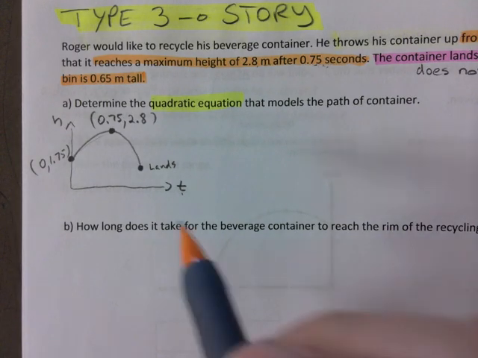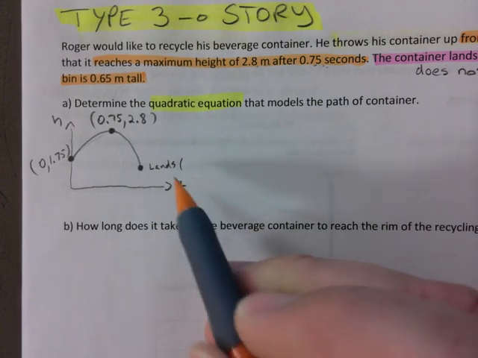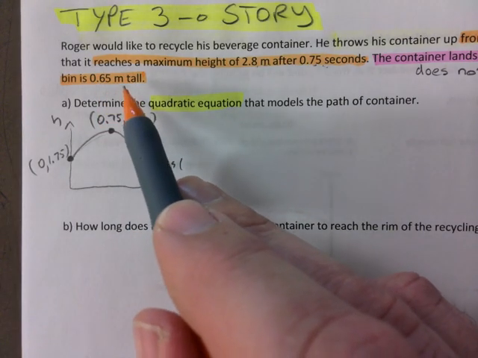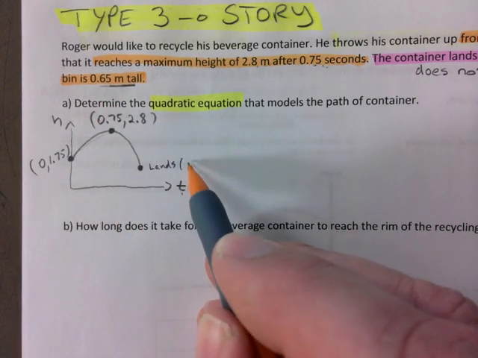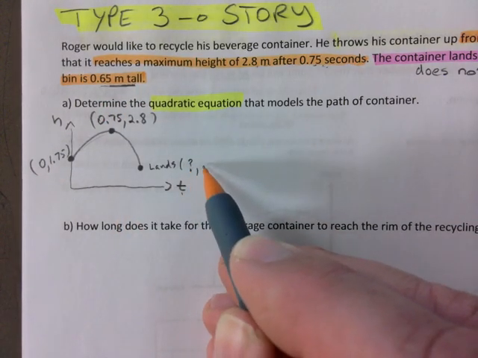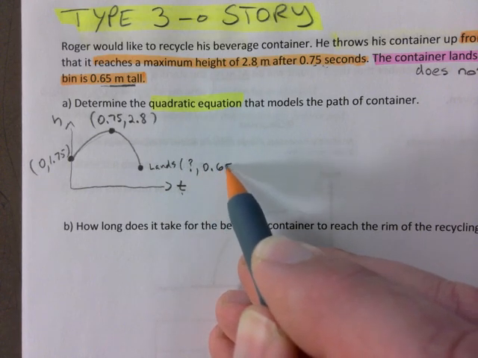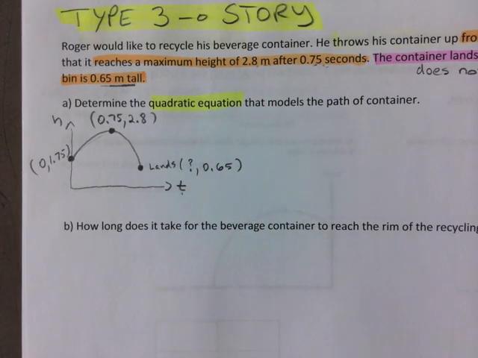The third point, I found this question interesting because we know that it lands on the rim. We don't know what time, but we do know that it's 0.65. So I wanted you to think that that's perhaps my third point, but it is not.